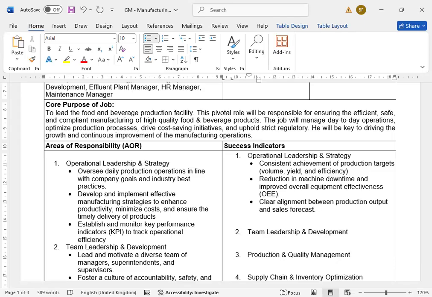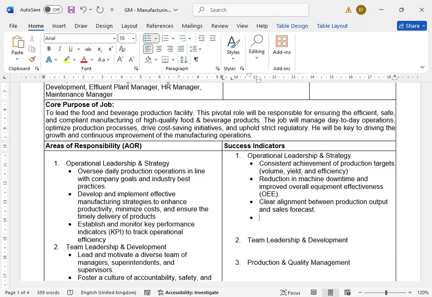Okay. Those are the success indicators that you are having success, if you are good in managing in terms of the operational leadership and strategy.